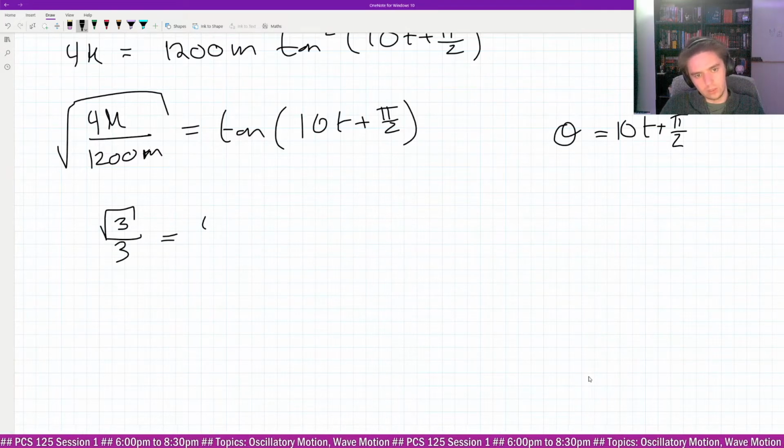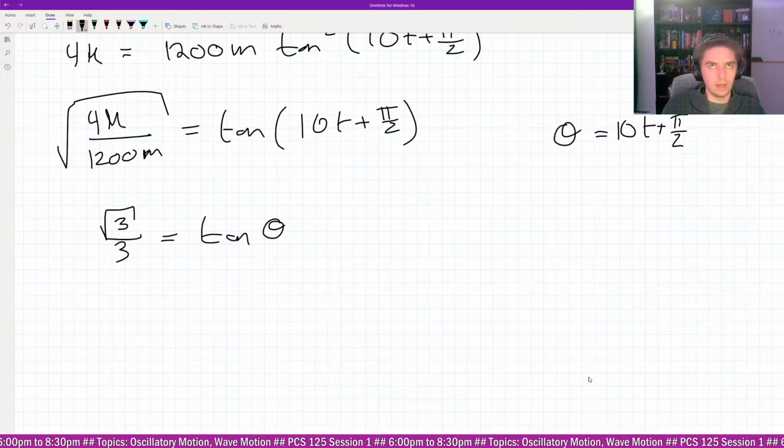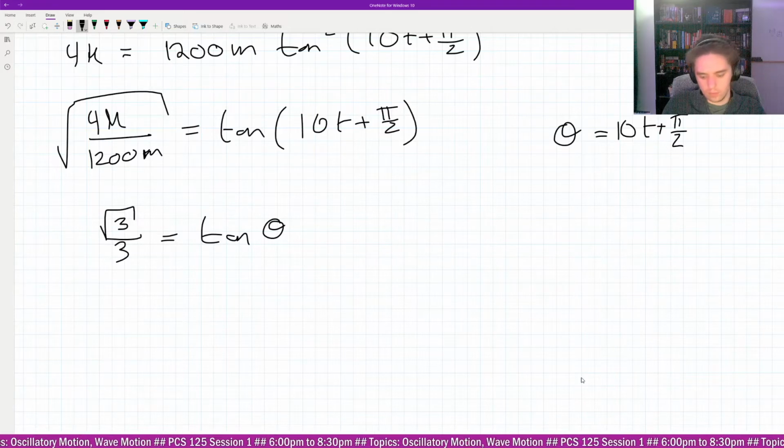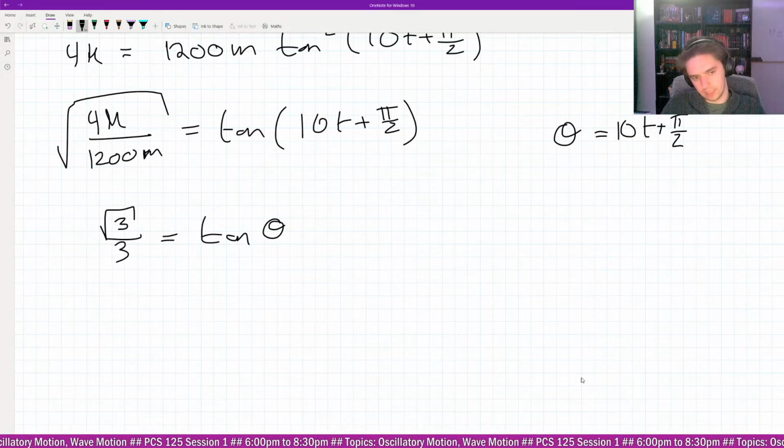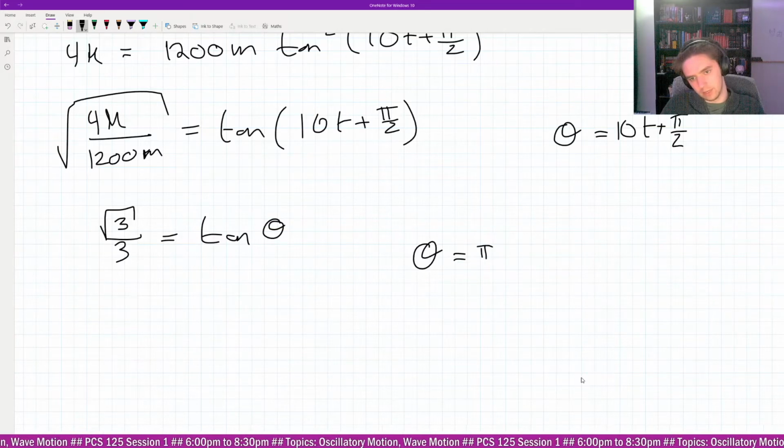Okay, so where does tan theta equal root 3 over 3? If I just do tan inverse of root 3 over 3, I get pi over 6. So theta equals pi over 6.